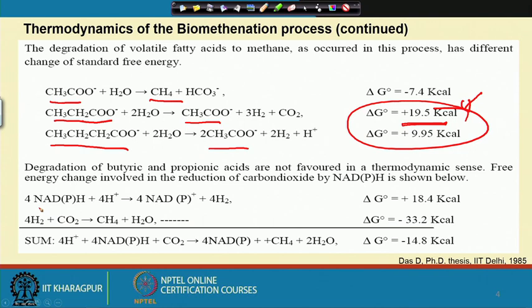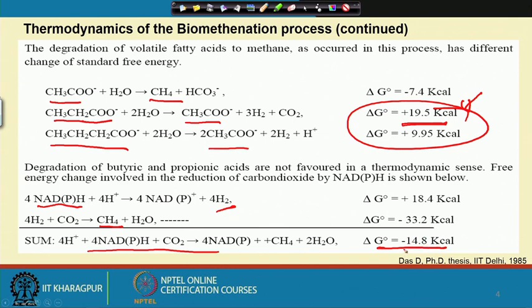Now, another is how NADH is converted to hydrogen, and then how this hydrogen is converted to methane. Overall, that conversion process is like this, minus 14.8 kilocalories.